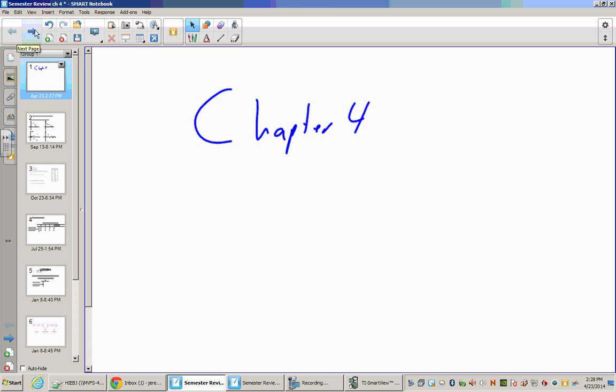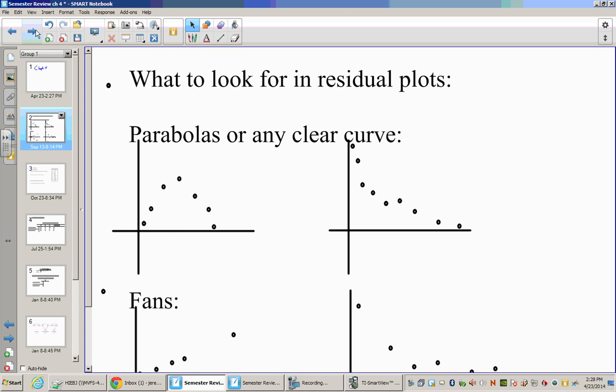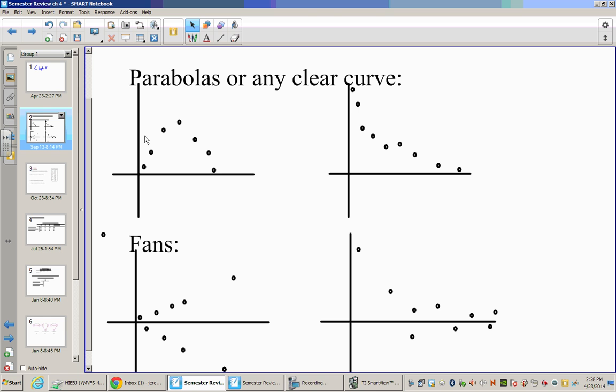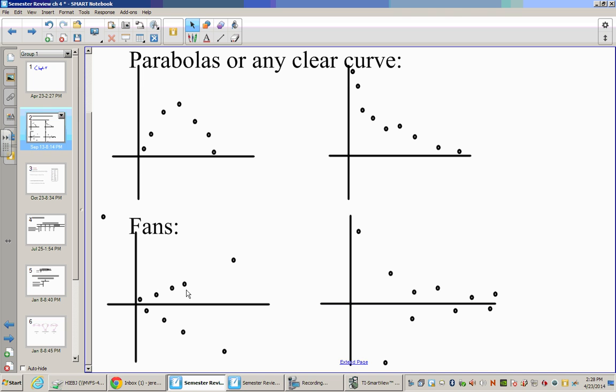Now the first part of it, chapter 4.1, talks about the residual plots. Keep in mind that residual plots, we look for any type of curve or parabola to show that the data is probably not linear. And then we look to see if there's any major fans. That we talk about more in 15, but we talked about a tiny bit in chapter 4.